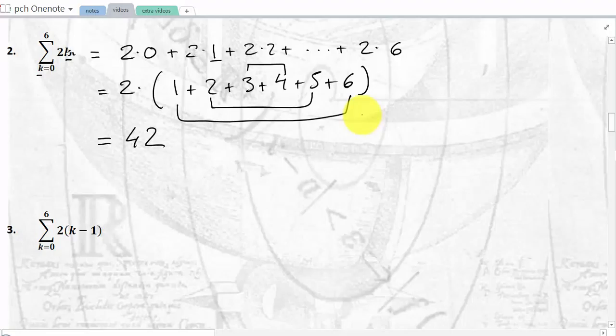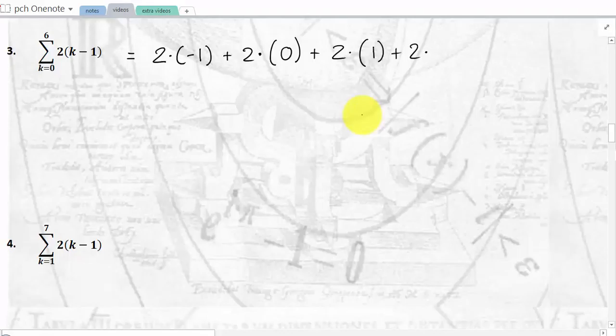All right, next example, example number 3. Let me see what this one is made of. If k equals 0, you have 2 times k minus 1, so 0 minus 1 is negative 1. Plus k equals 1, 2 times, so 1 minus 1, 0. Plus 2 times, we have k equals 2 now, so 2 minus 1, 1.